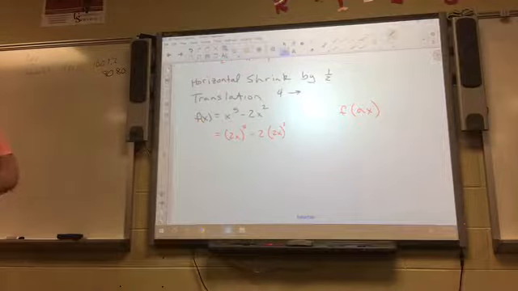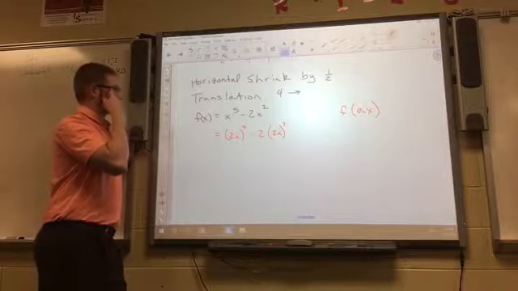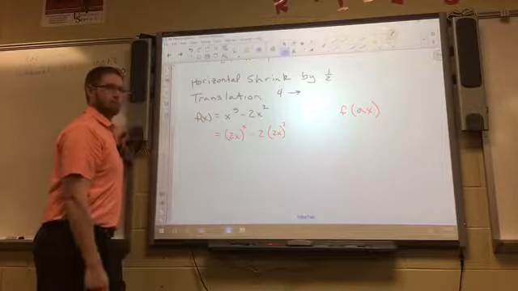So I'm taking that x, instead of it being an x, it's going to be a 2x. Now when I do this, does this exponent of 5 go to the 1 or both of those things? Both of them.